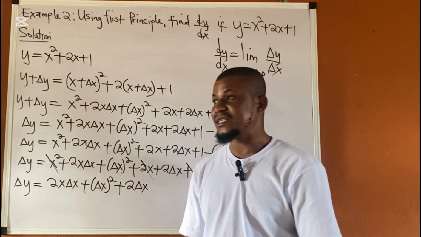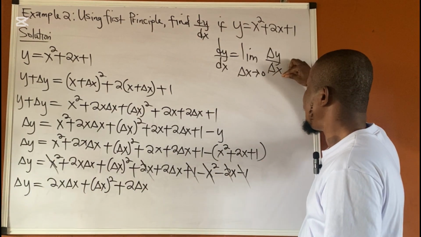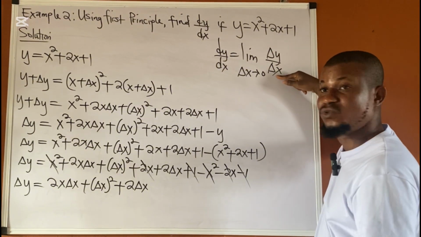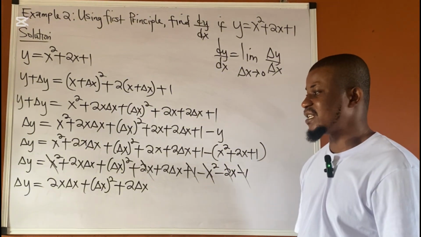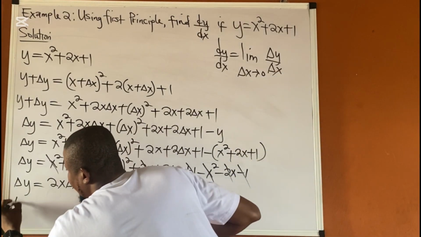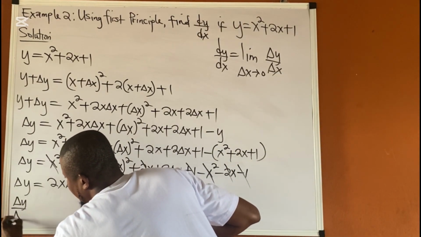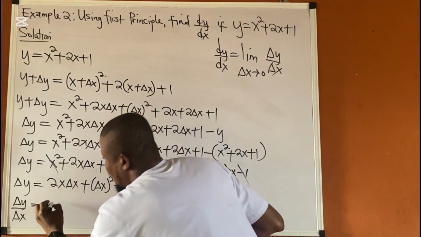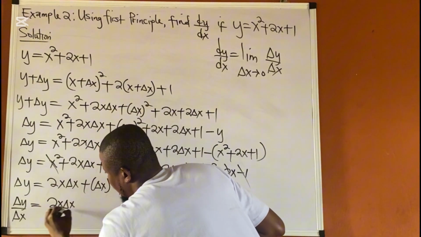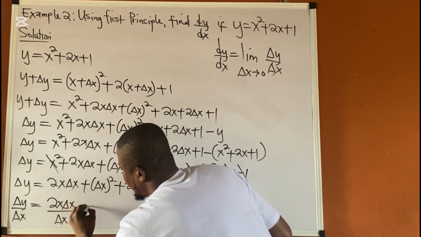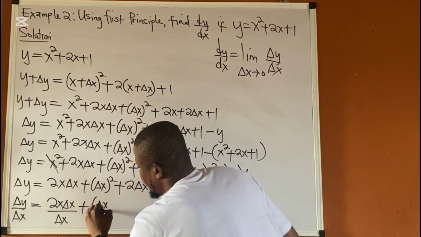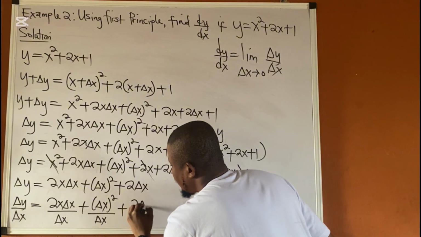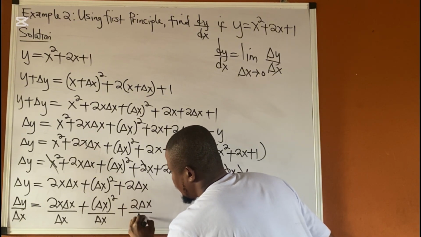The next step is to divide through by change in x. So dividing through by change in x, we would have change in y over change in x equal to each of these terms divided by change in x. So we have 2x change in x divided by change in x, plus change in x all squared divided by change in x, plus 2 change in x divided by change in x.